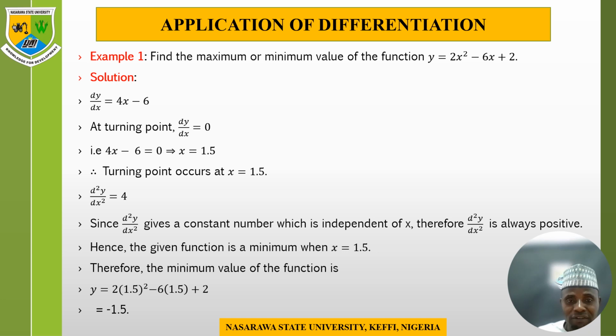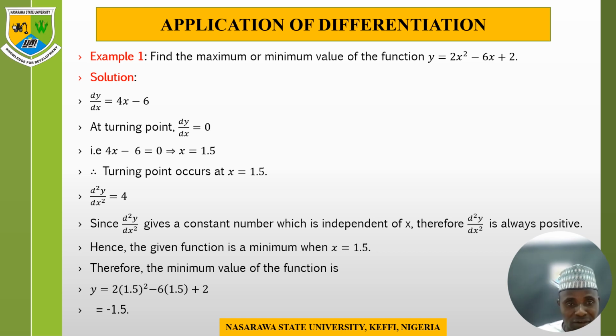Hence the given function is minimum when x equals 1.5. If the second derivative depended on the value of x, then we would have to substitute the x at the turning point to determine whether it is positive or negative. That will account for it being either minimum or maximum.